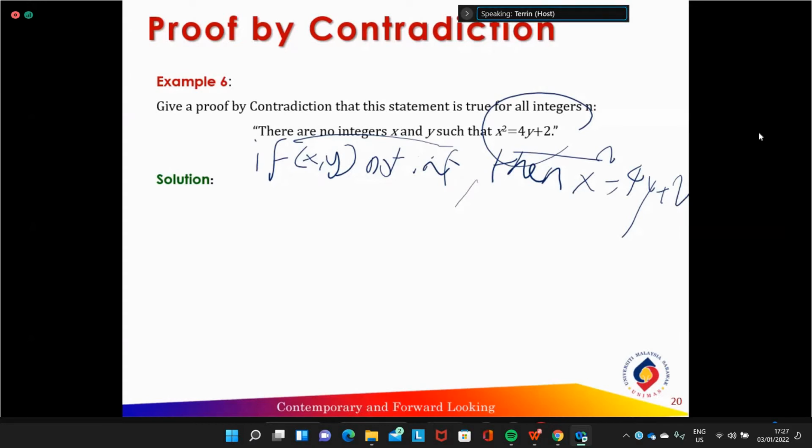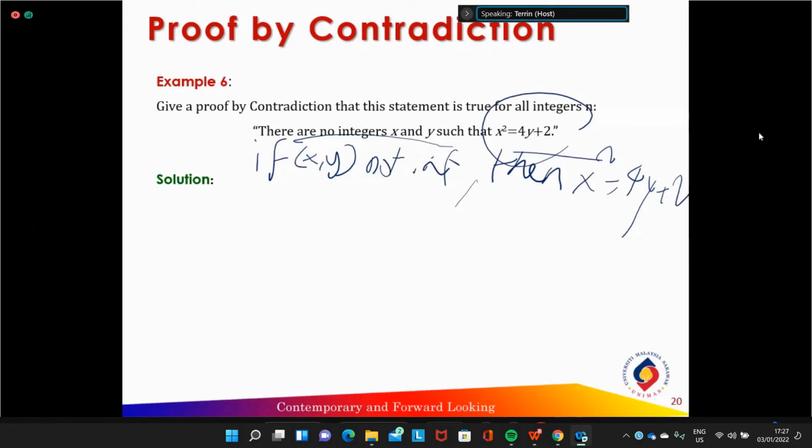The contradiction can occur in two ways: putting it into a contrapositive form and then applying the contradiction, or leaving it in its original p implies q form and then assuming the negation of q is true and proving that it cannot happen. You have to make sure you put it into the right form, so you don't end up using the wrong method, which is just contraposition.